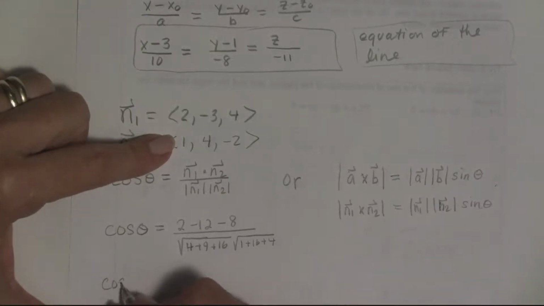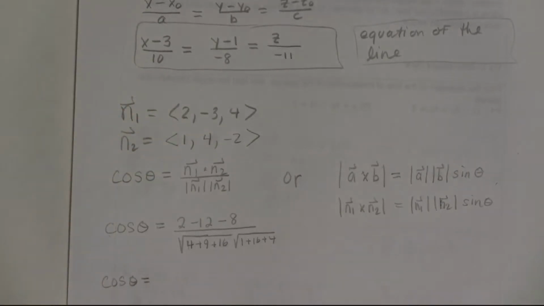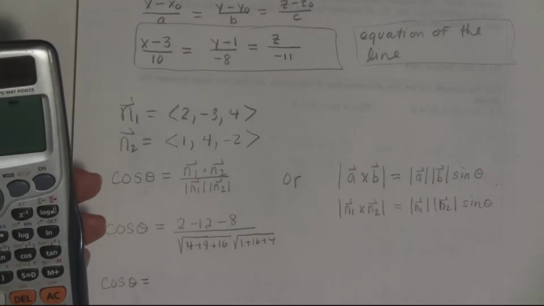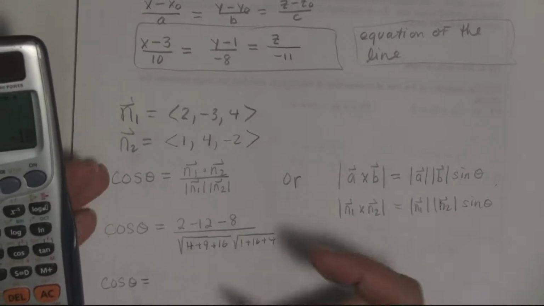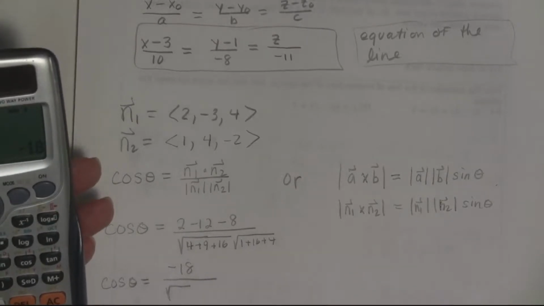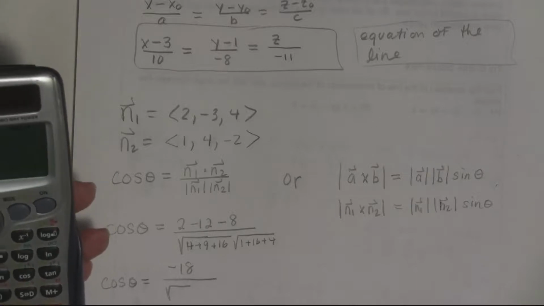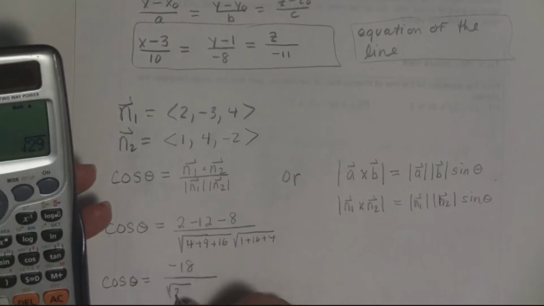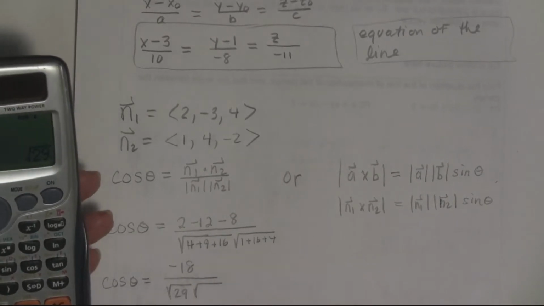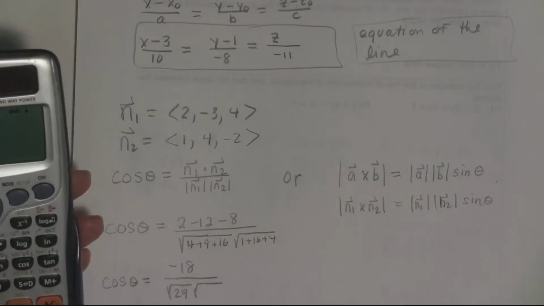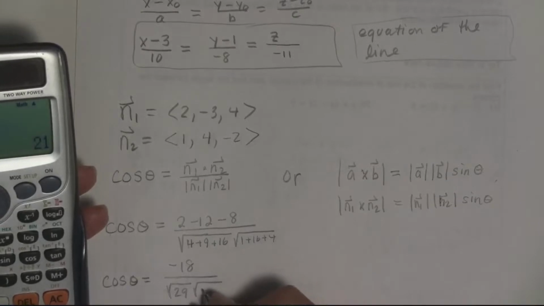So this cosine of theta equals, putting this in my calculator, 2 minus 12 minus 8 is negative 18. And the square root of 4 plus 9 plus 16 is 29. And 1 plus 16 plus 4 is 21.